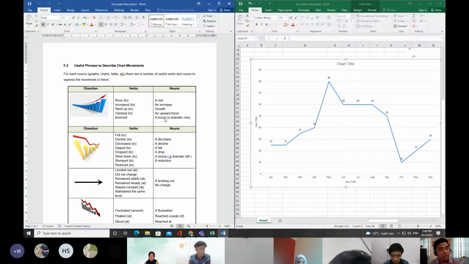Inilah perkataan-perkataan yang biasanya kita akan pakai untuk explain, untuk describe. Describe in Malay means mengisahkan. So let's take a look at the first column here. Okay, the column is going up. So we are describing upward directions in a line graph. How to describe upward direction in a line graph?